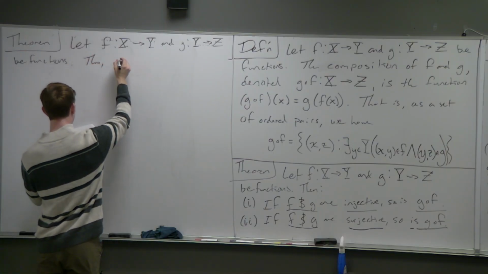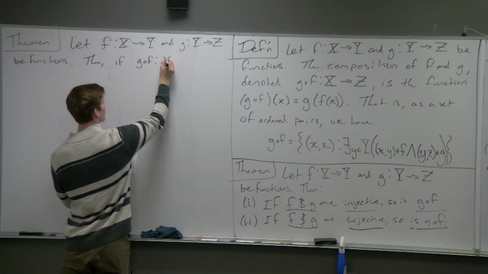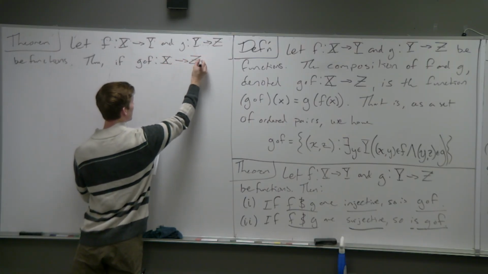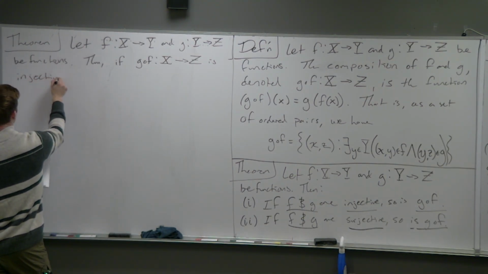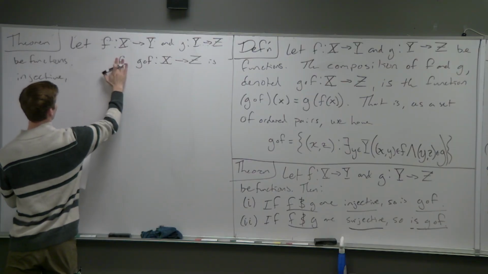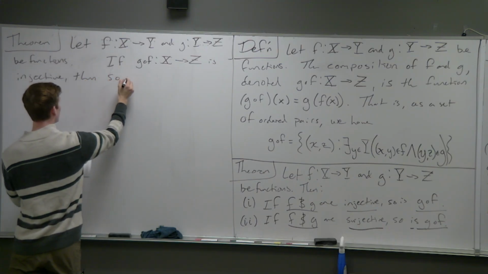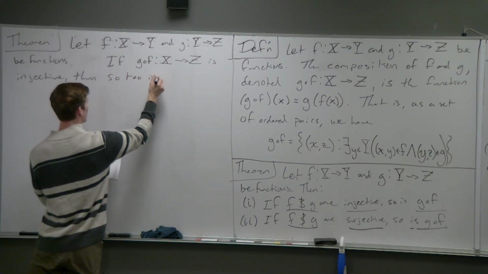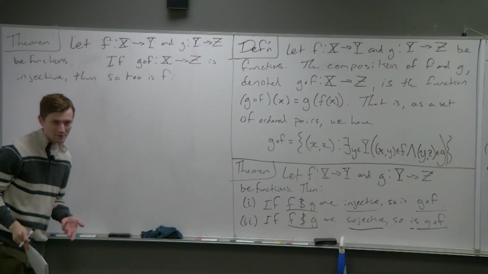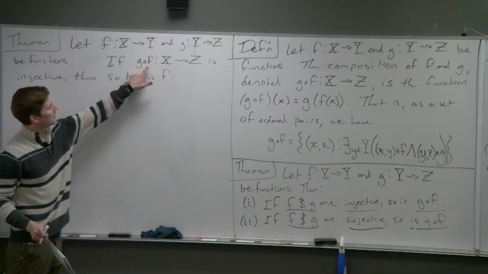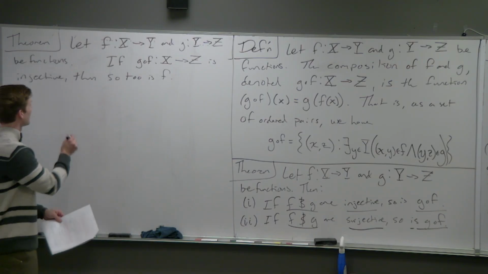Then if g composed with f, which remember is a function from X to Z, is injective, then so too is f. That is, if the composition is injective, then the inside function also has to be injective. Okay?